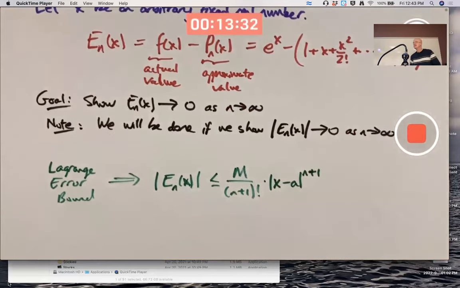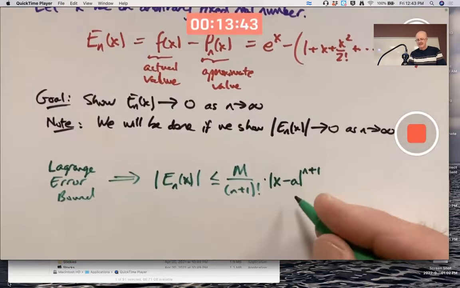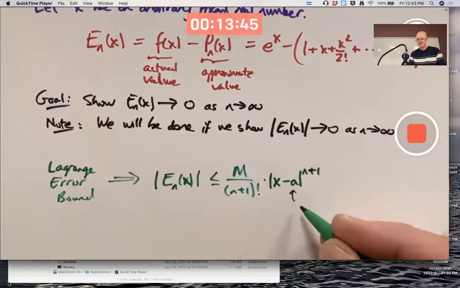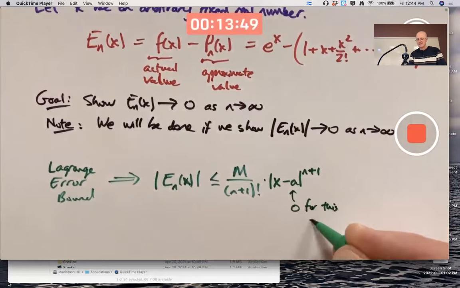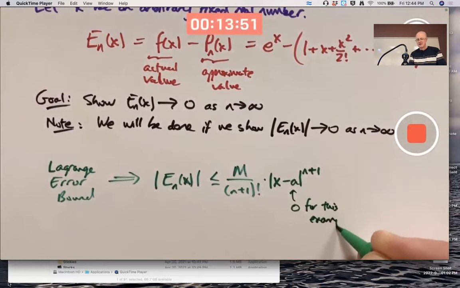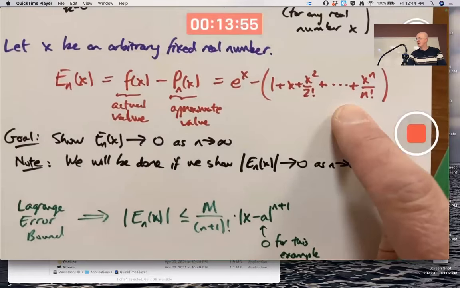What is a? A is where you're centering the Taylor series and the Taylor polynomials. In almost every example we've done, a has been 0. And yes, that's the case in this example as well. Because that's the Taylor polynomial centered at 0.